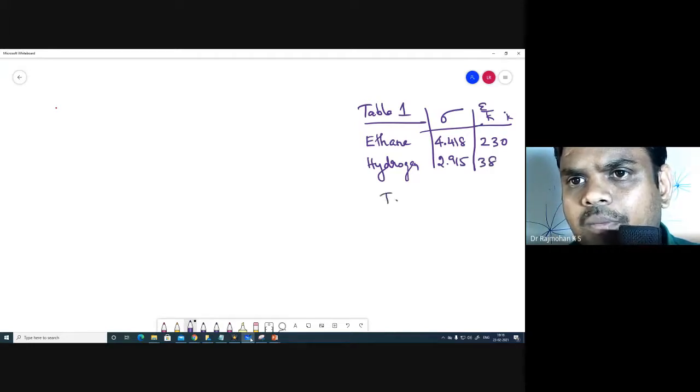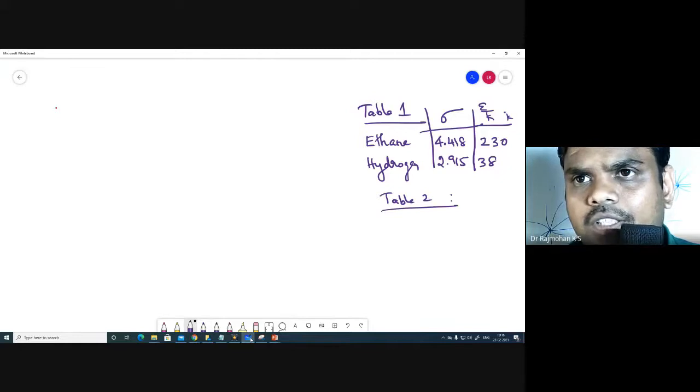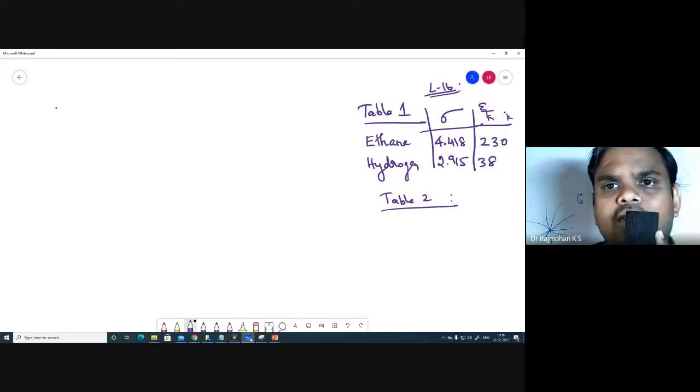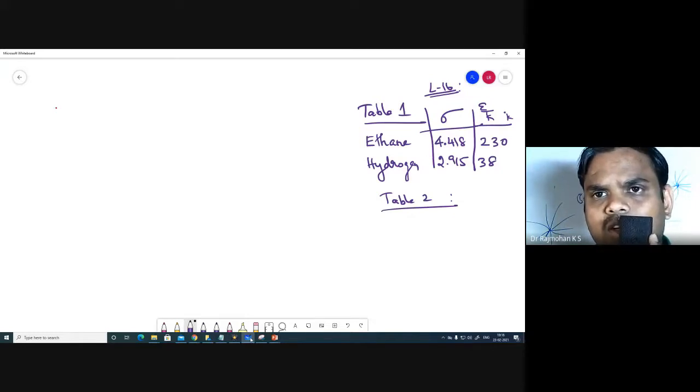Okay, similarly from table 2, please refer to lecture number 16, where I have given you the full tables 1 and 2. So in the exam, any particular compound will be taken from tables 1 and 2. Data will not be given, you have to refer to tables 1 and 2 here.